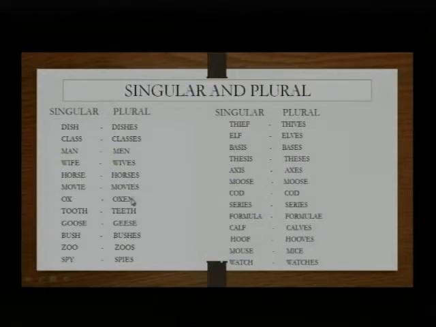Movie, movies. Ox, oxen. Tooth, teeth. Goose, geese. Bush, bushes. Zoo, zoos. Spy, spies.